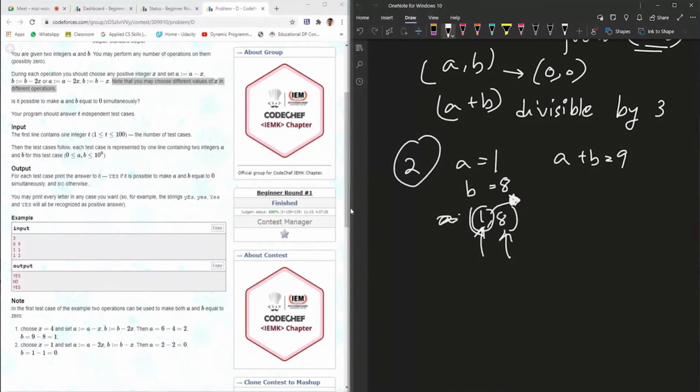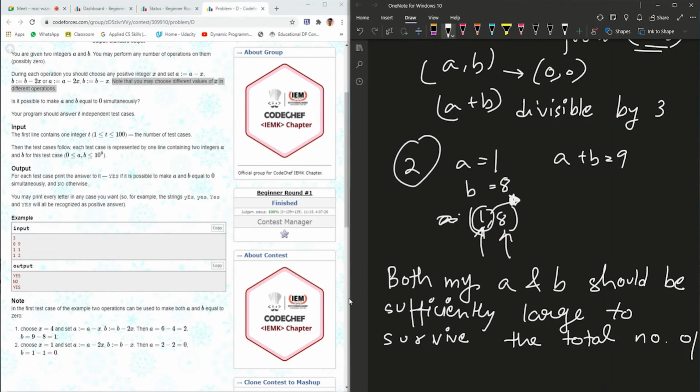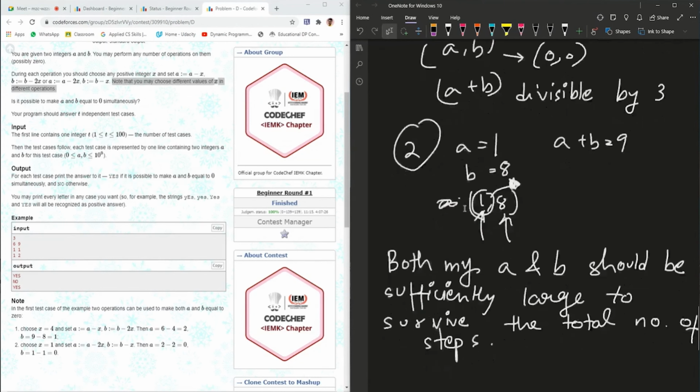So what I want is that both my A and B should be sufficiently large to survive the total number of steps or the total number of operations.